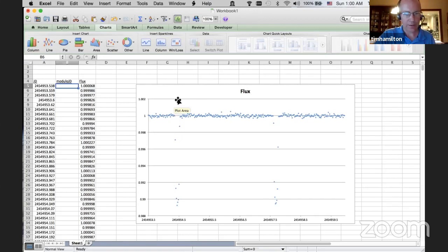Now, the function that we're going to use is the same in Excel and in TopCat. The only difference is I'm going to use capital letters and TopCat will use lowercase. The modulo function means we want to fold this over.